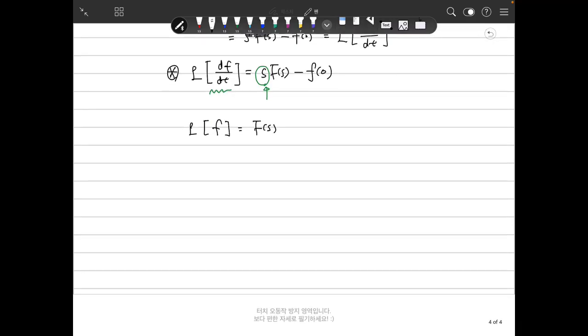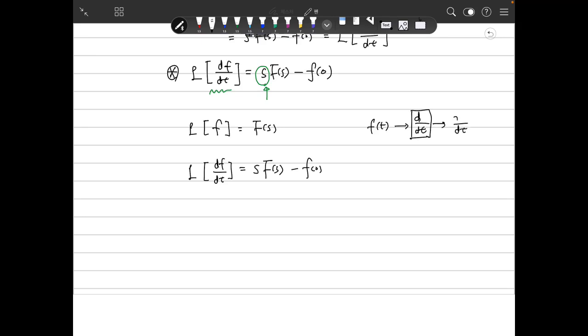Now we want the derivative of f, df, which is sF(s) minus the initial value. So what is that? This is f(t). We take the derivative d/dt of f(t).